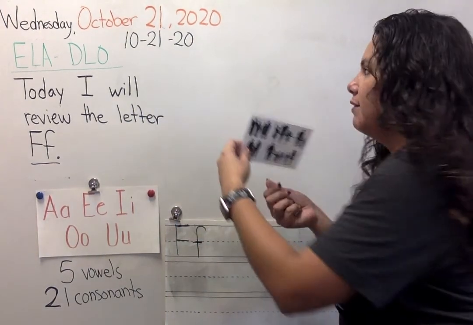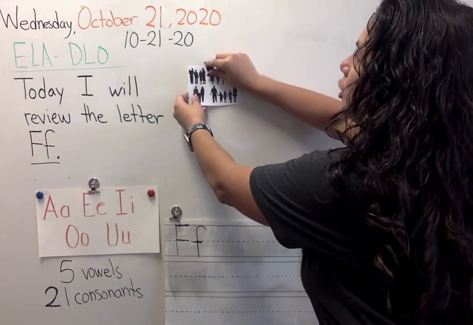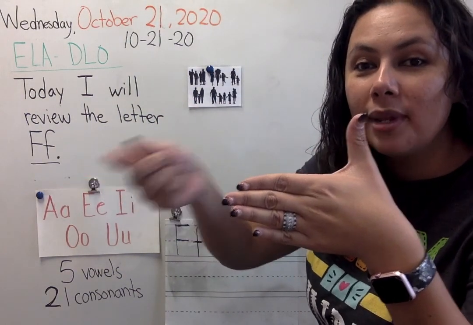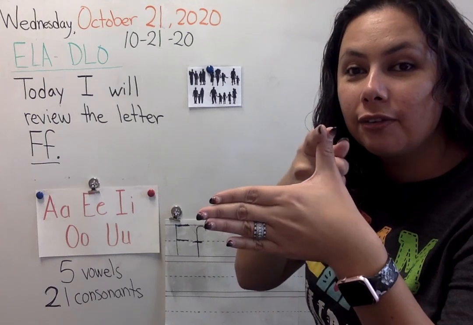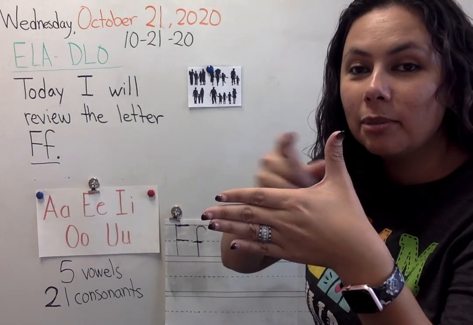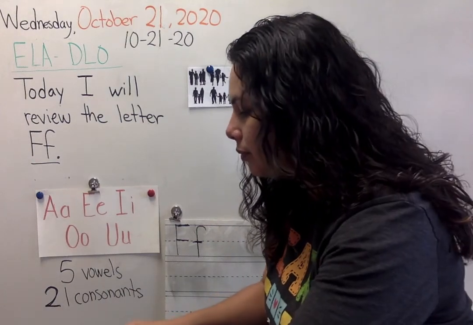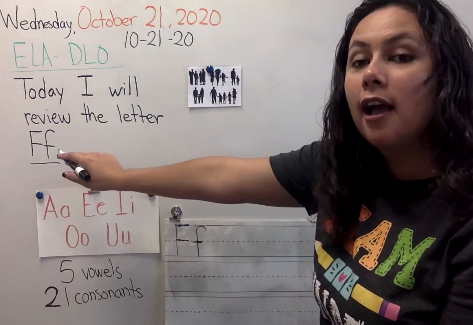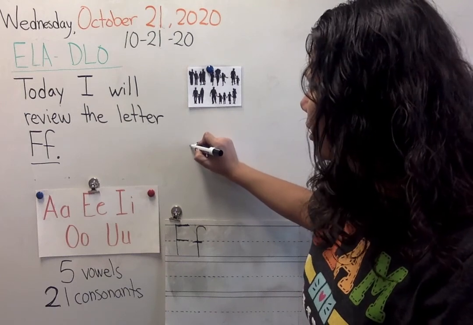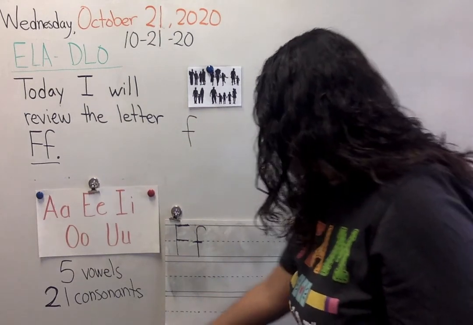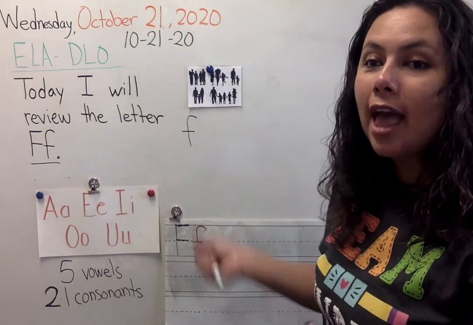family. So if I were to put it here for words that do begin with the fff sound, family. Do it with me. Family. Now let's blend it. Family. When I write it down, very first sound is fff, and then the word says family.